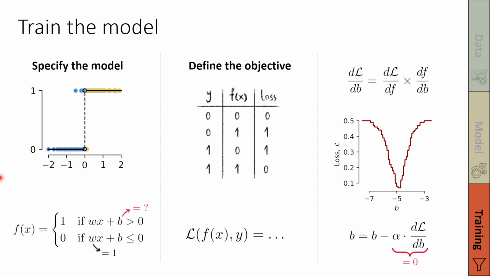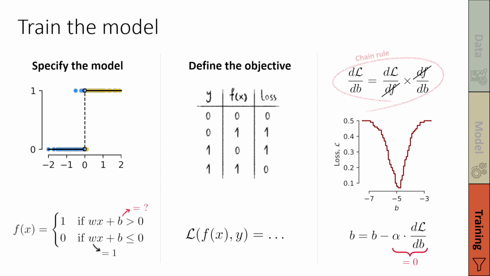And similarly, we can also write the derivative of our model with respect to the parameter B, because our model is also a function of the parameter B. And writing it this way is equivalent to the original derivative of loss with respect to the bias, simply because you can cancel out the df in the equation and you get the original derivative back.